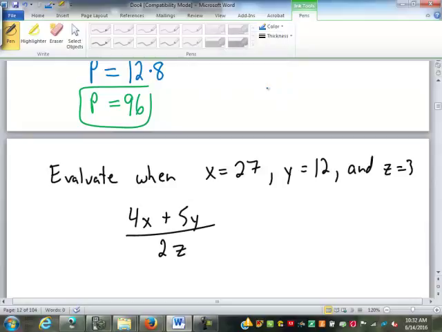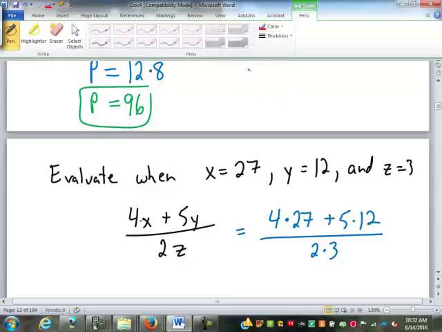We replace each variable with its value. So 4x is going to become 4 times 27. 5y is going to become 5 times 12, over 2z becomes 2 times 3. Replace the z with the 3.